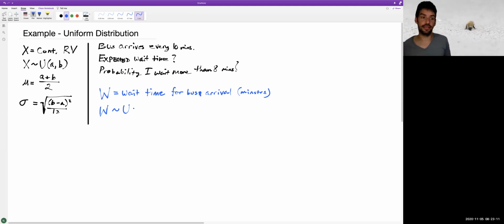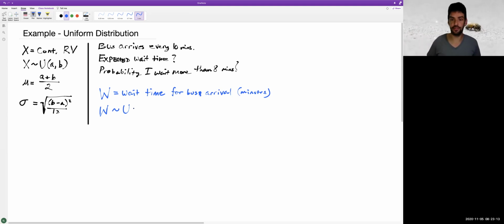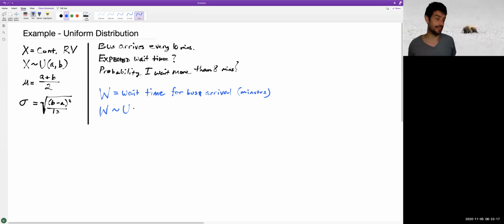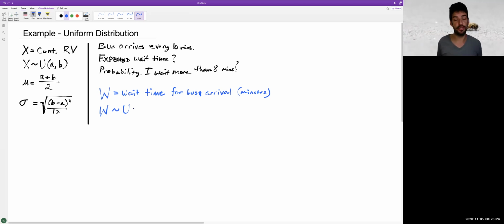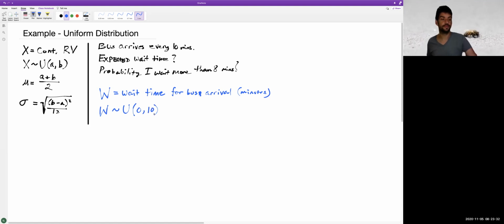Since we don't know what time it is, any amount of time from now until the 10 minutes, right? I'm living in a fantasy world where buses are never late. So it's absolutely not going to take longer than 10 minutes, but it could be any moment between now and those 10 minutes. So that means the minimum wait time is 0 and the maximum is 10.